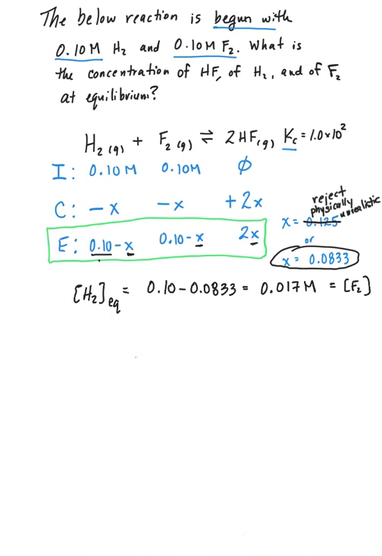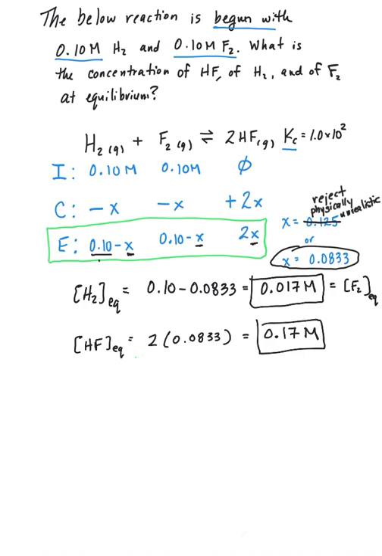We solve for F2 in the same way. To solve for our concentration of HF at equilibrium, we multiply our solution by 2. And we end up with 0.17 molar. In this way, we have solved for the equilibrium concentrations of all of our reactants and our product.